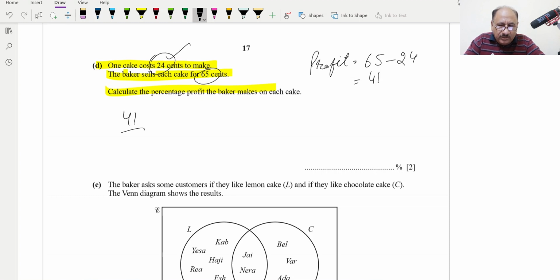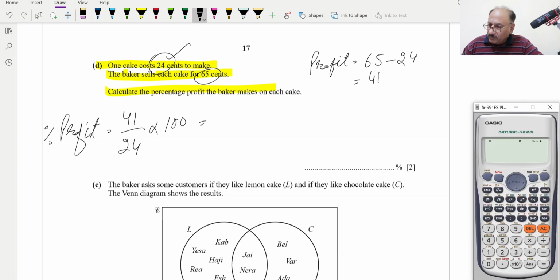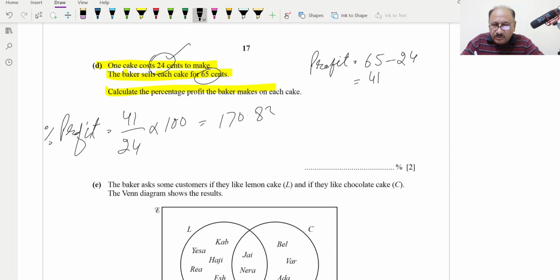So 41 divided by 24 multiplied by 100, this will be our percentage profit, and this one we can calculate, 41 over 24 multiplied by 100, and this will be equal to 170.83.